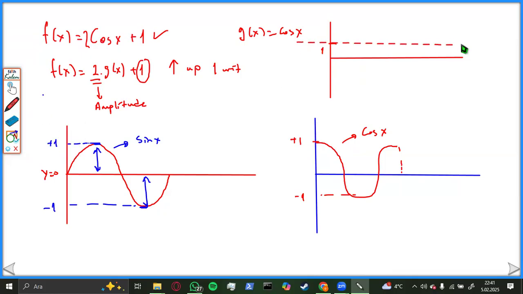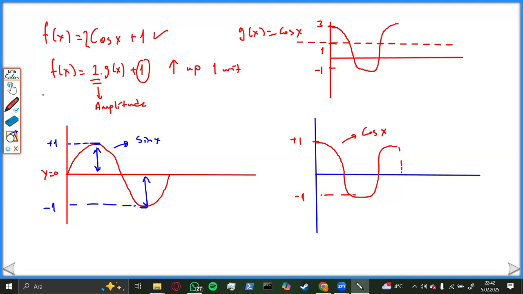Right now the axis of symmetry is here, and the amplitude is 2. Amplitude says that from the axis of symmetry, 2 units up is the maximum point, and it is 3, and 2 units down it is minus 1, the minimum point. So let me show you the final graph.